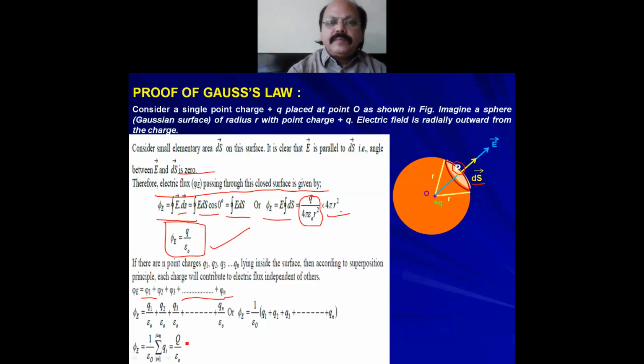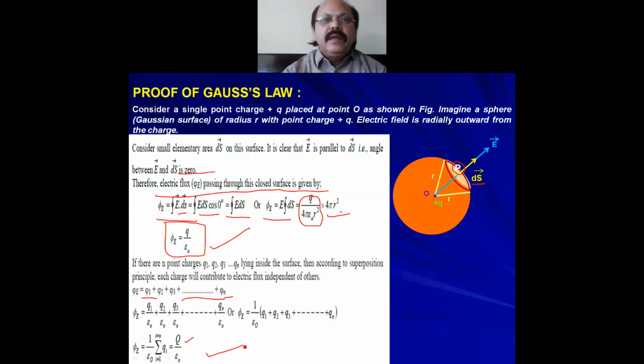In place of sigma i equal to 1 to n, qi, we can write capital Q. Then phi E is equal to Q upon epsilon naught. So this is Gauss's law or Gauss's theorem. I hope you understand it.